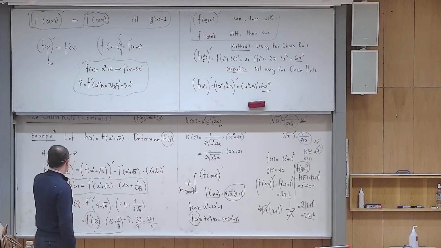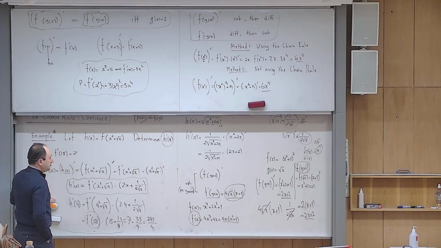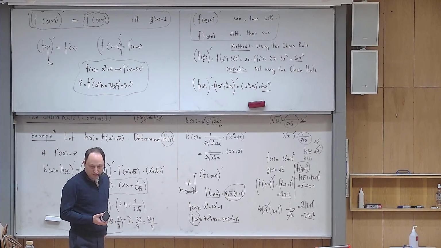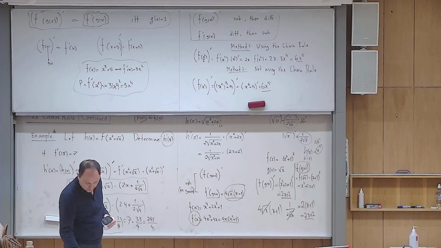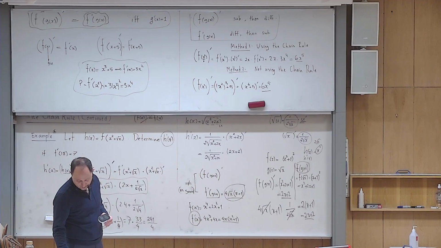I really want you to understand this example. If you don't mind, let me see if there is any problem in the book that I ask you to solve. Or maybe it's not here yet, it will come later. I remember there are some problems like this in the book as well.